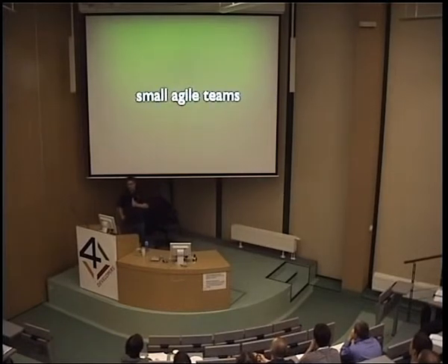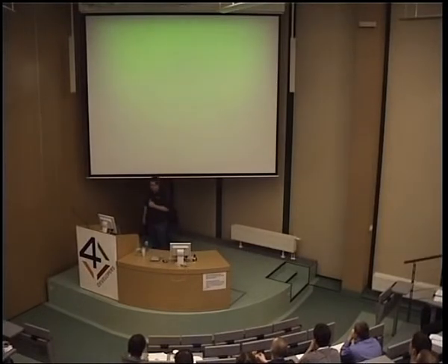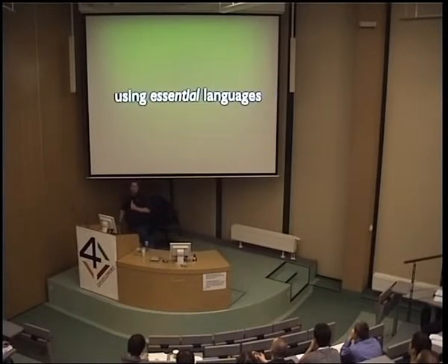The companies that are going to do better and eventually beat them in the market are small, agile teams of really smart developers. You can replace those 200 average developers with 15 good developers, and they'll produce more code faster than 200 will, using essential languages.